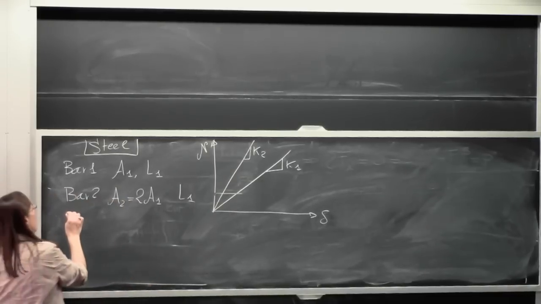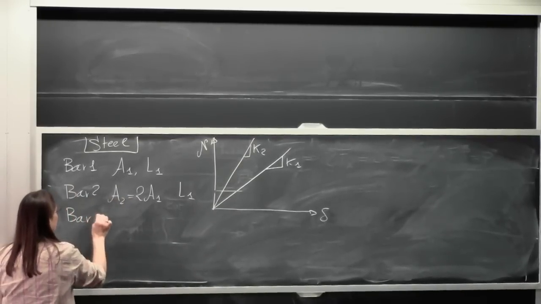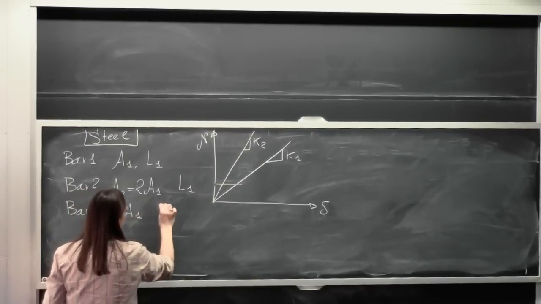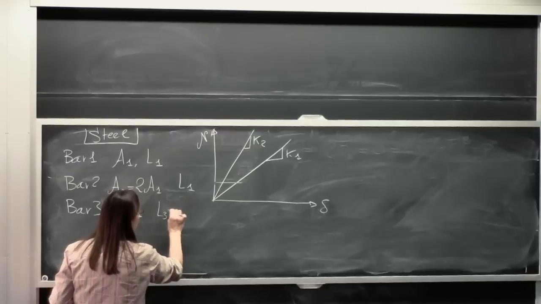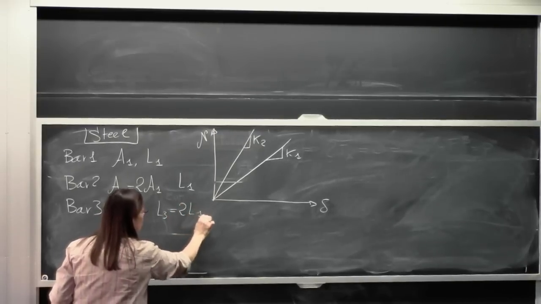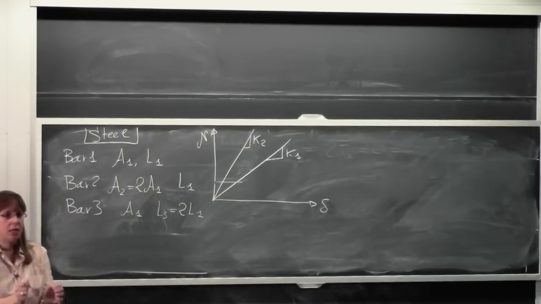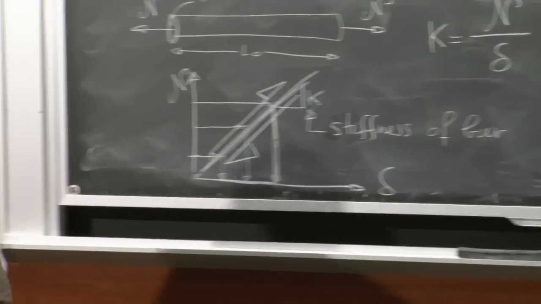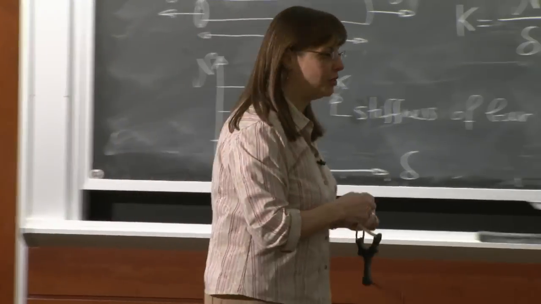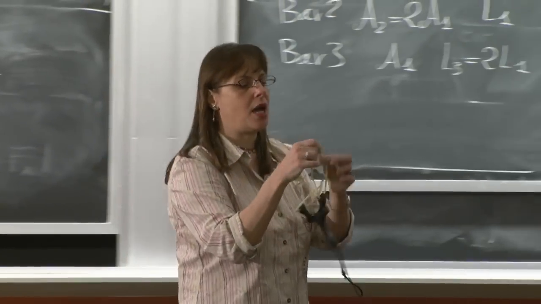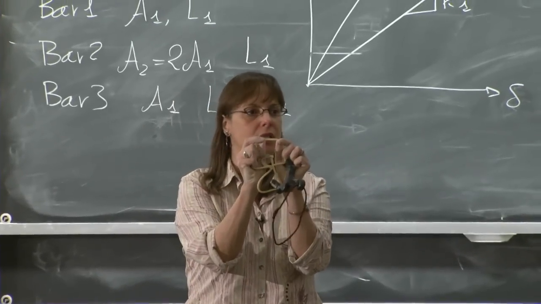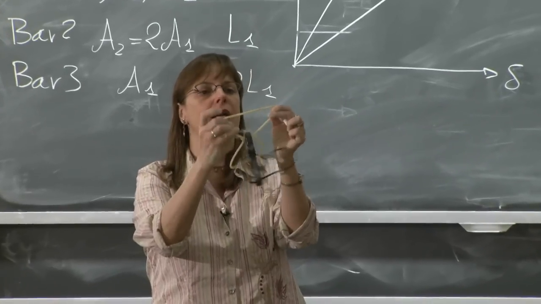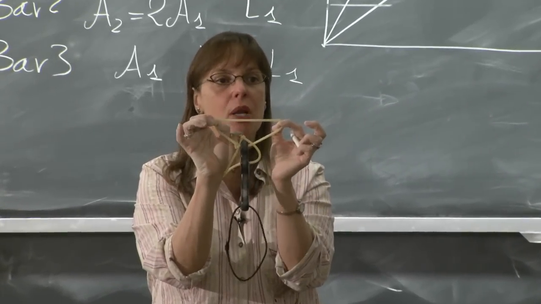Now let's do bar 3. Bar 3 has area A1, but it has length L3, which is equal to 2 times L1. This link shot is coming really handy today. So maybe the original bar 1 was this long. I pull it, and I get this elongation. I take a bar that is twice as long. I pull it with the same force.